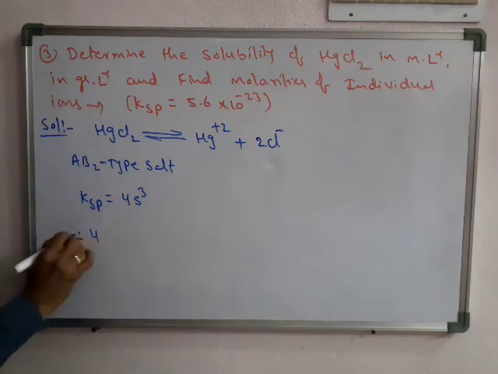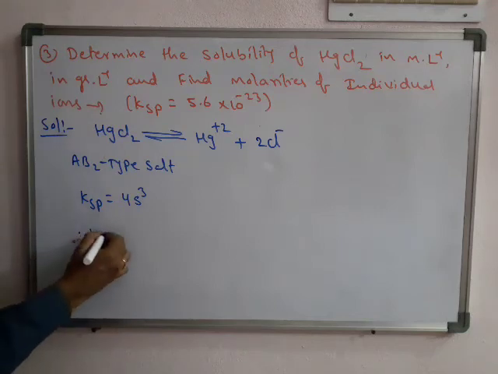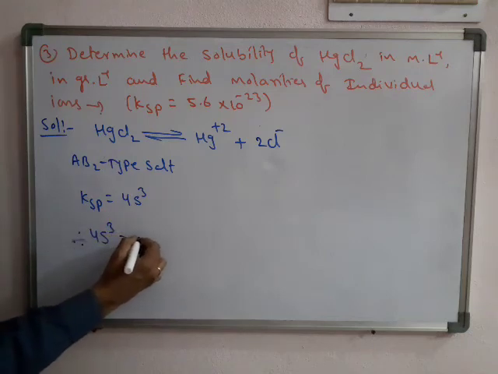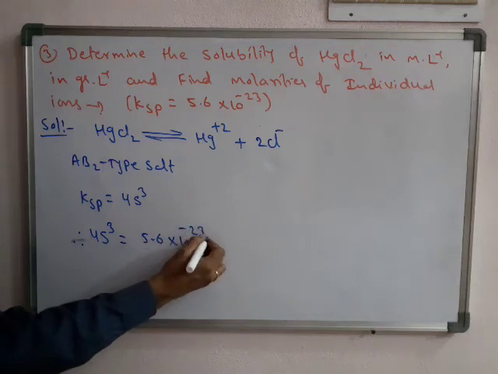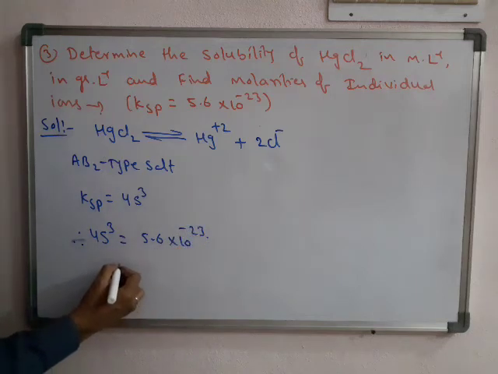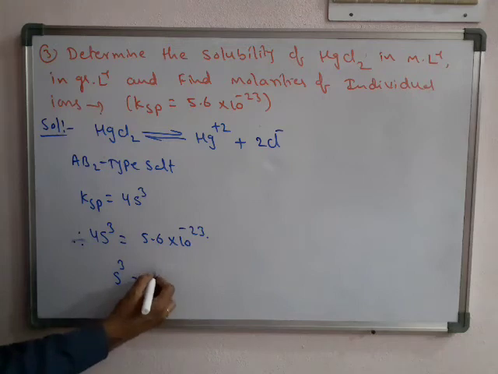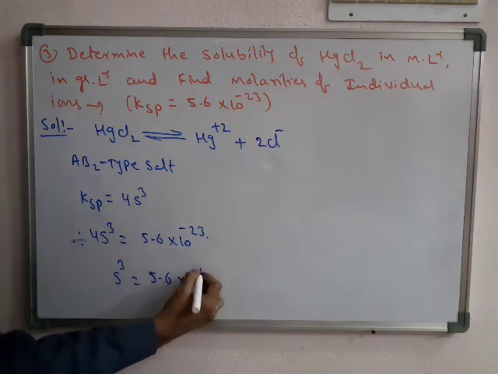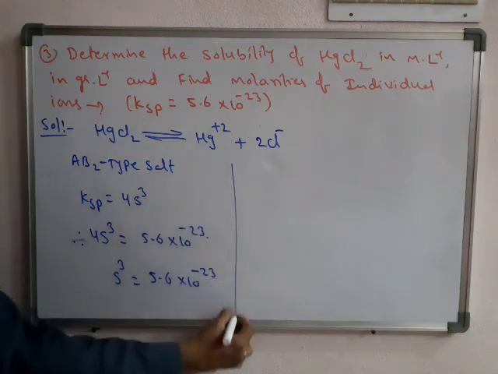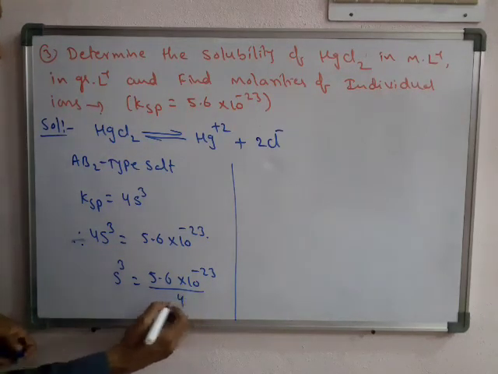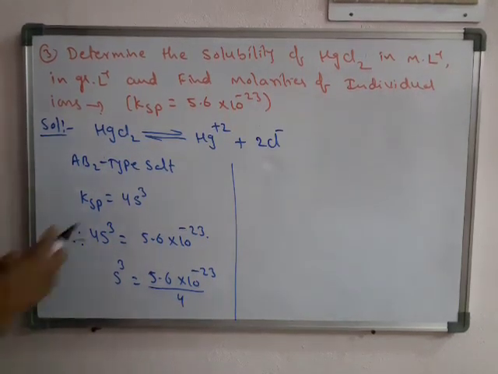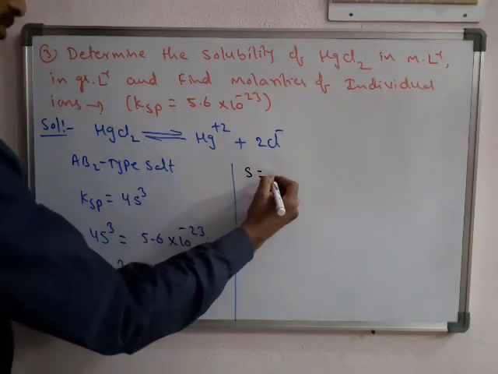Therefore, 4s cube equals 5.6 into 10 power minus 23. s cube equals 5.6 into 10 power minus 23, divided by 4. And s equals, how much will you get?